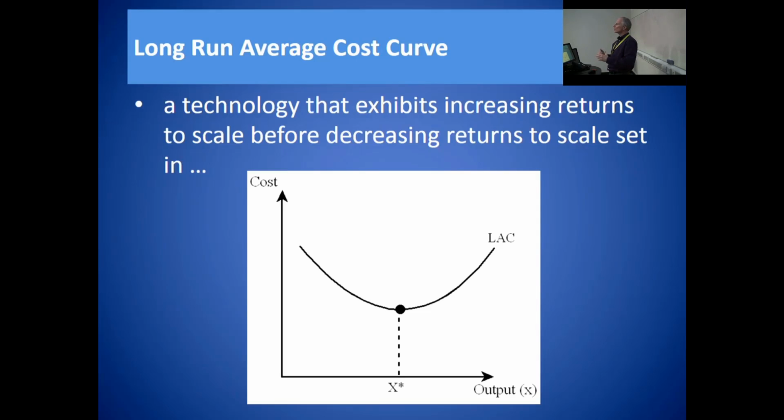And it doesn't matter what our factor inputs are, it does not matter what precise production technology a firm is employing. Typically, the long run average cost curve is going to look like that. It will decline, reach a minimum, before eventually it begins to go up again.